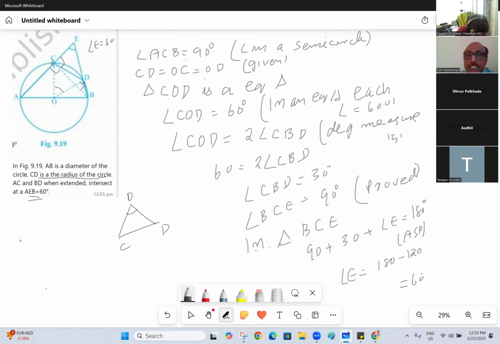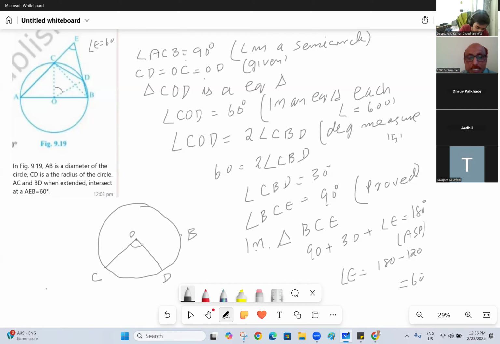Degree measure theorem means, suppose you take, this is the center, angle COD, and there is another angle COD, this is B. COD is 60, so CBD will be half, 30. Have you understood?